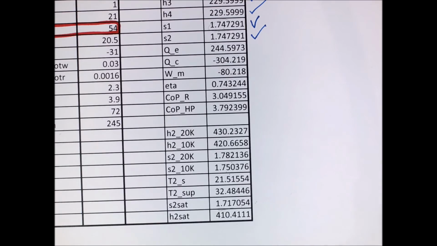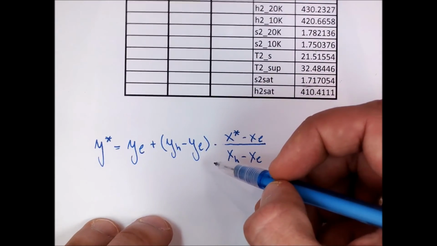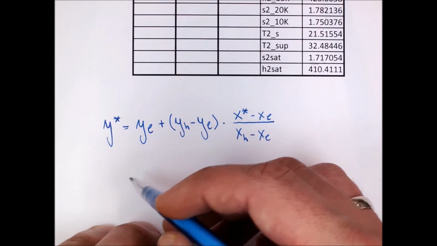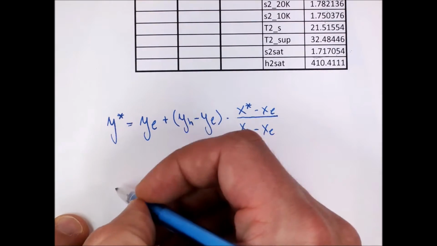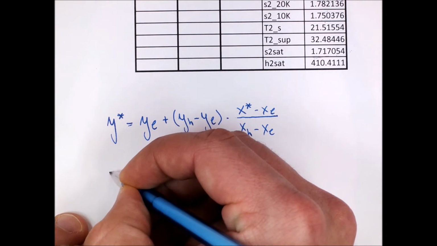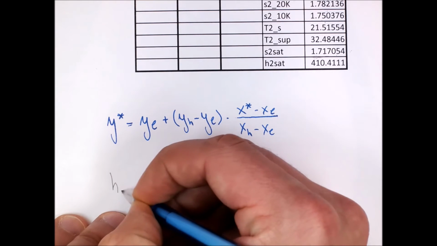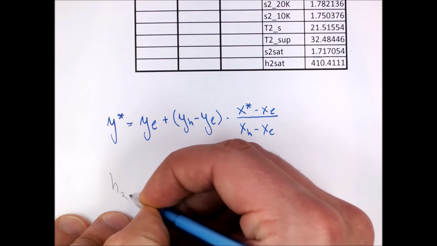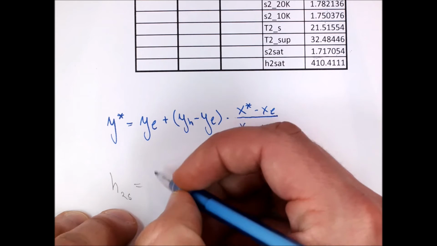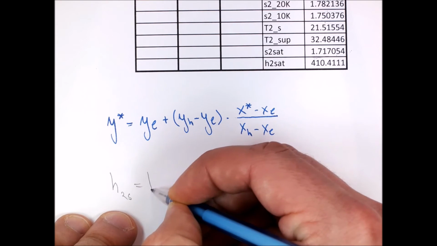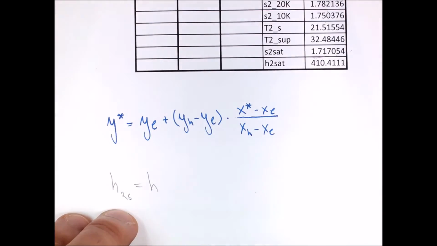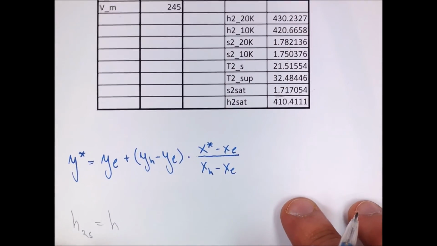So now we can plug in the enthalpy for Y and the entropy for X. What we are interested in is the enthalpy at 2S, which is going to be equal to the enthalpy at... now we need to apply some judgment here.